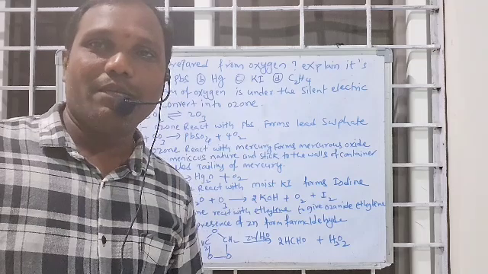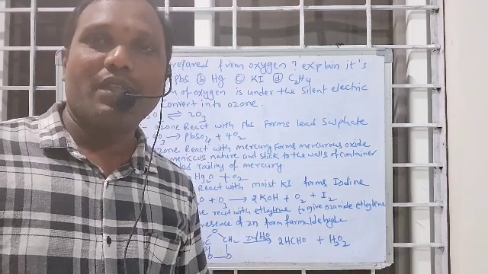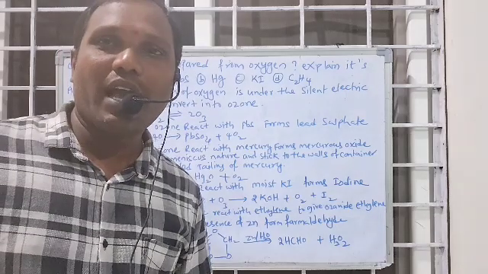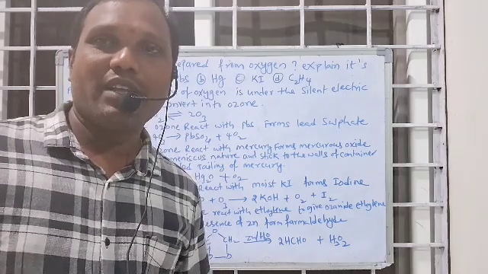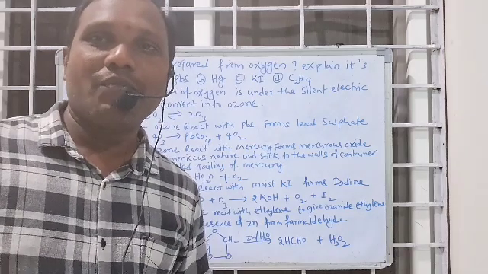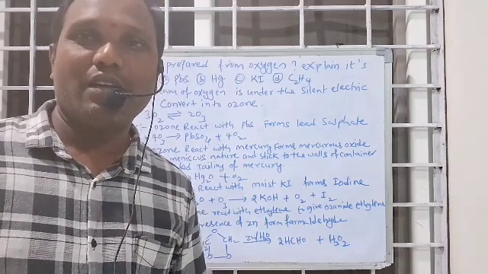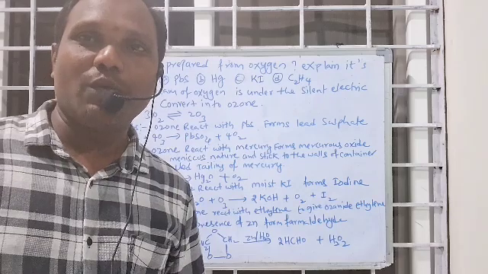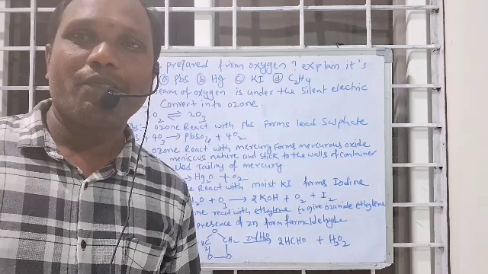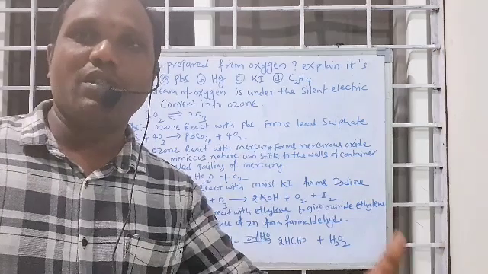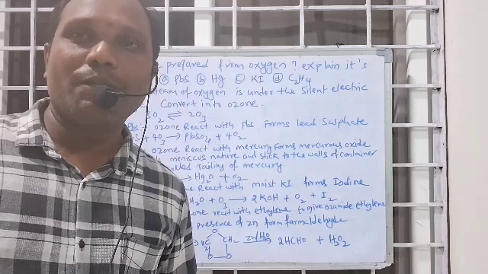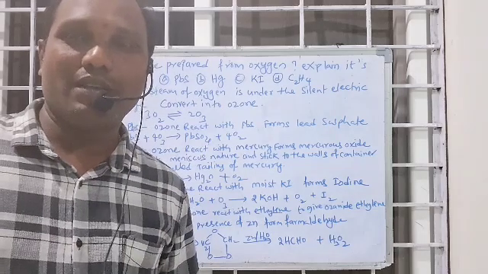Another topic will come regarding this, that is tailing of mercury. Mercury has a special nature, the meniscus nature, and does not stick to the walls of the container. After reaction with ozone, mercury loses its meniscus character and starts to stick to the walls of the container. This phenomenon is called what? Tailing of mercury.